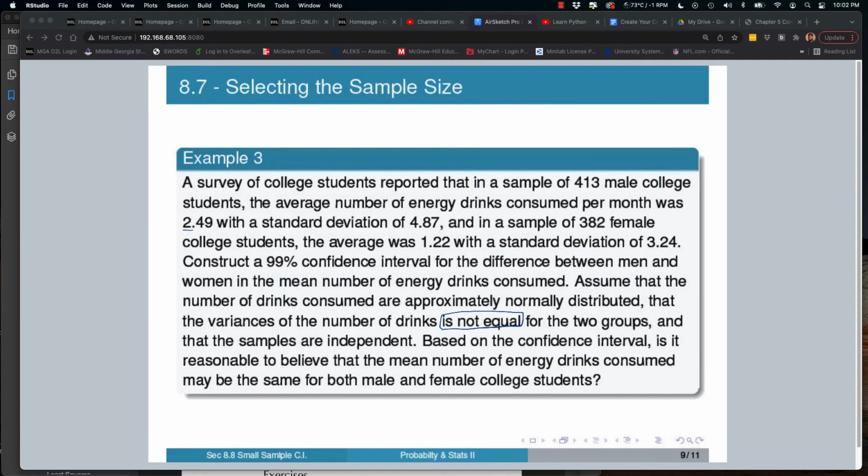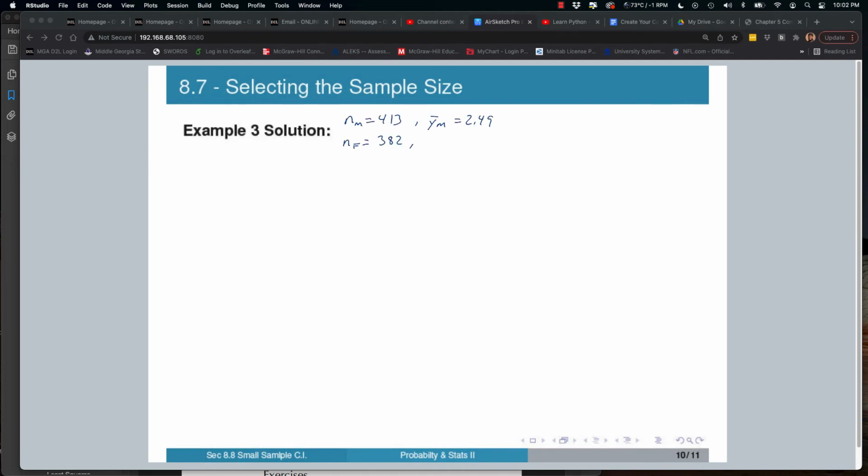Yes, the mean drinks for the men was 2.49, and the mean drinks for the women were 1.22. Standard deviation for the men was 4.87. It's pretty wide variance, but the women's was not that much shorter, with a standard deviation of 3.24. And then the confidence level they wanted us to reach was 0.99.